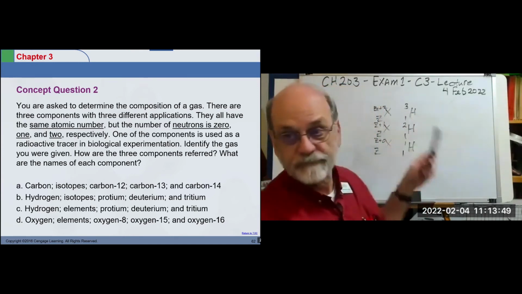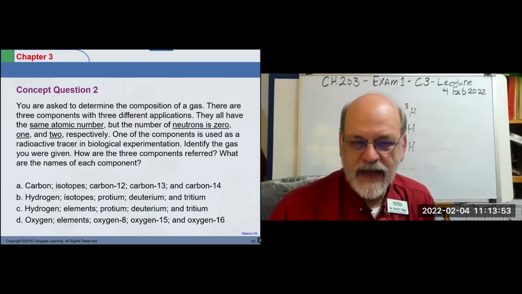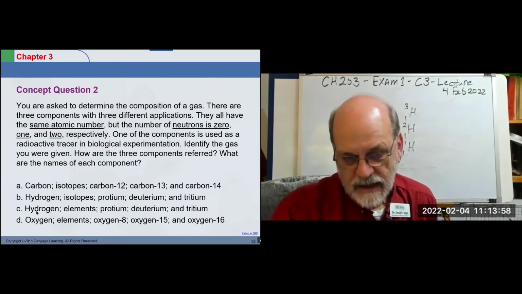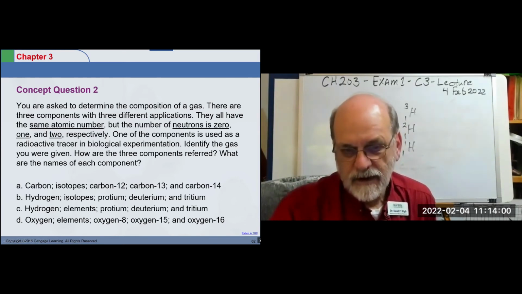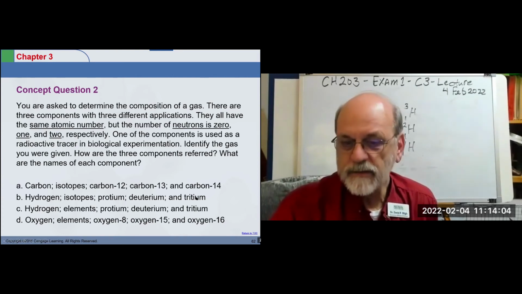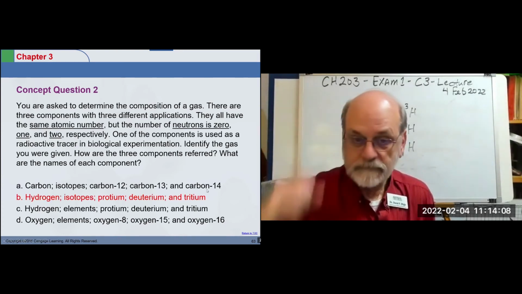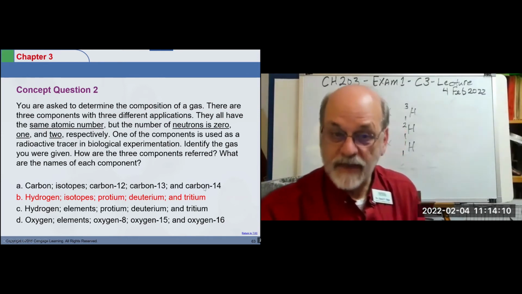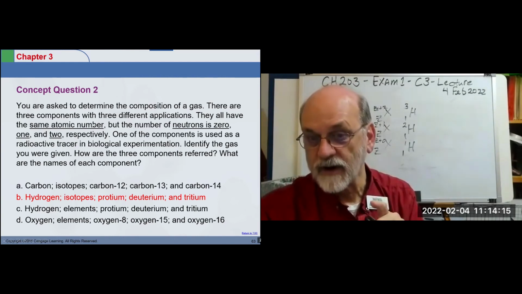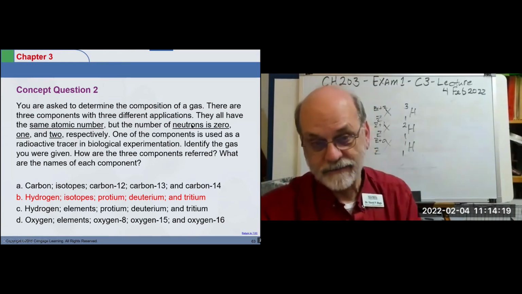That's this one, tritium. Identify the gas you were given. So it's going to be hydrogen, isotopes, protium, deuterium, tritium. That's it. The giveaway for me is the fact that they have the same atomic number, but one of them has no neutrons. That was the clincher right there.